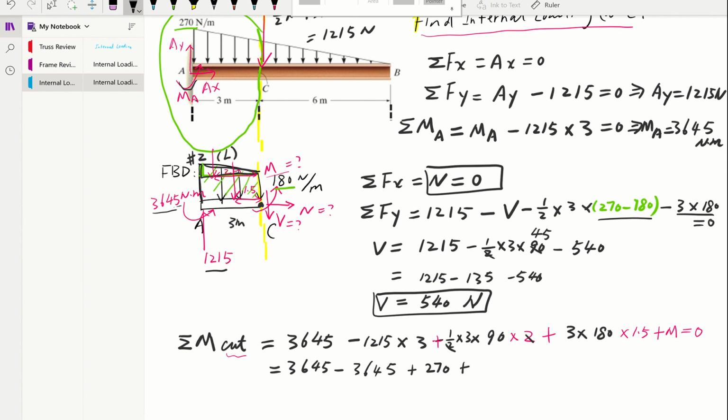And what's the value here? I'm putting it in my calculator. 180 times 4.5 gives us 810. Then plus M equal to 0. Those two cancel out, and that gives us M equal to negative 1080 Newton meters.